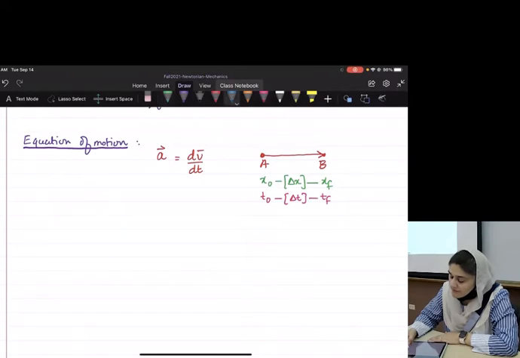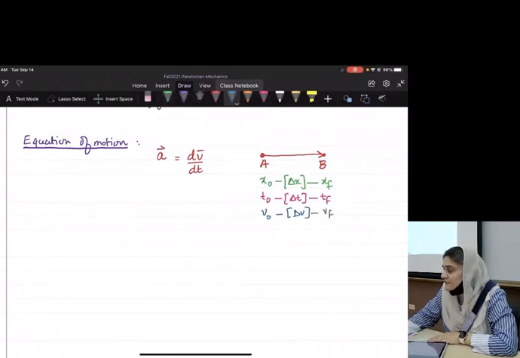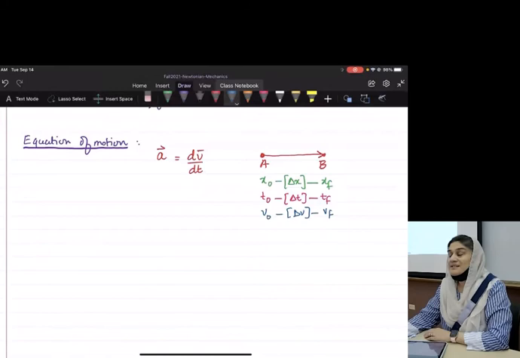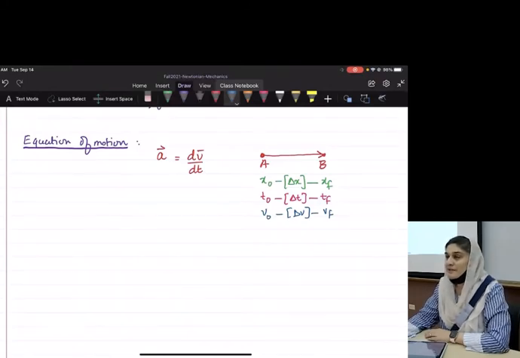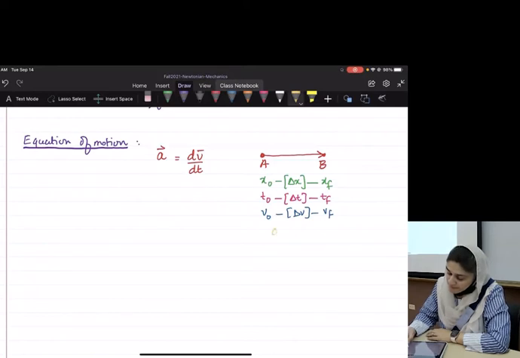What about V0? So it has to have some initial velocity and some final velocity, correct? And we're going to talk about the simplest motion, which is when acceleration is a constant. Very good, acceleration is a constant for my motion.